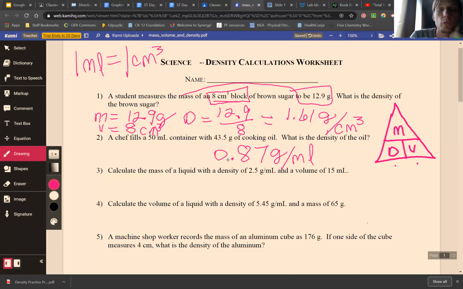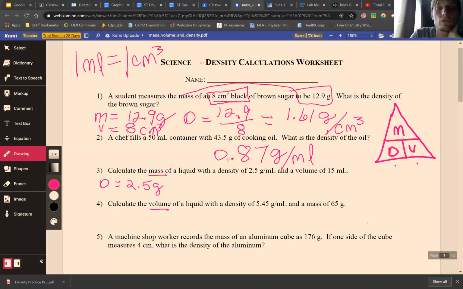Then 3 and 4 are similar. One is asking for the mass, the other is asking for the volume. I'll go ahead and work the top one out. If we're looking for the mass, look at our triangle. What we have to do is multiply the D times the V. So density, we have 2.5.